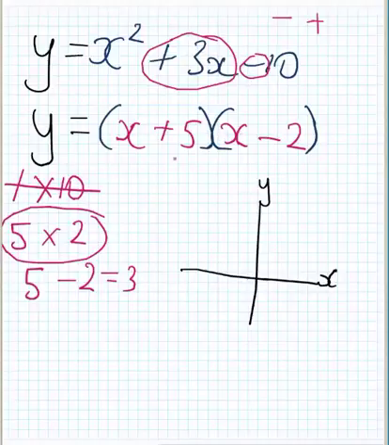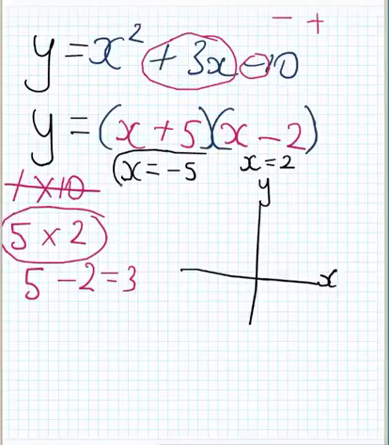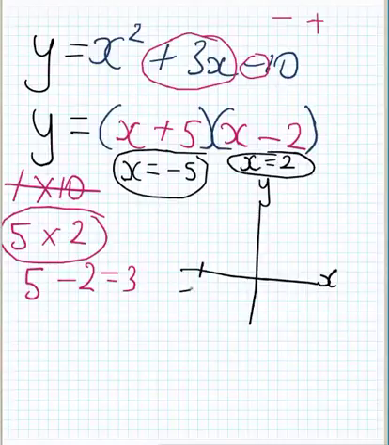Now, I can look at this equation here that's been factorized, and I can actually see what the x-intercepts are. If I solve these, I'd have x is equal to negative 5, and here I'd have x is equal to positive 2. And this is telling me my parabola has 2 x-intercepts, where for one of them, x is negative 5, and the other, x is positive 2.